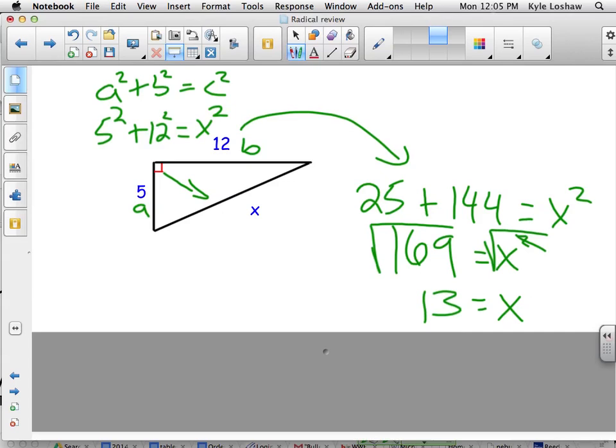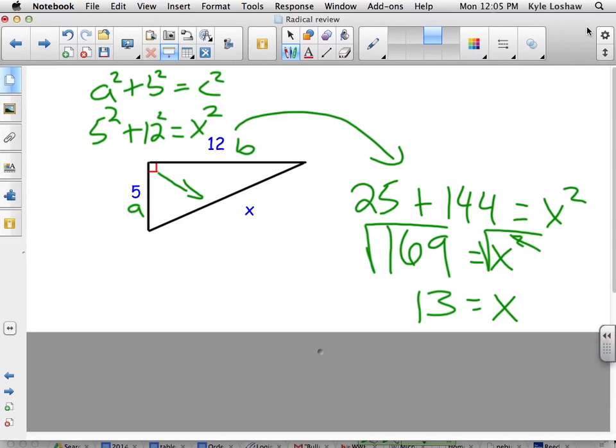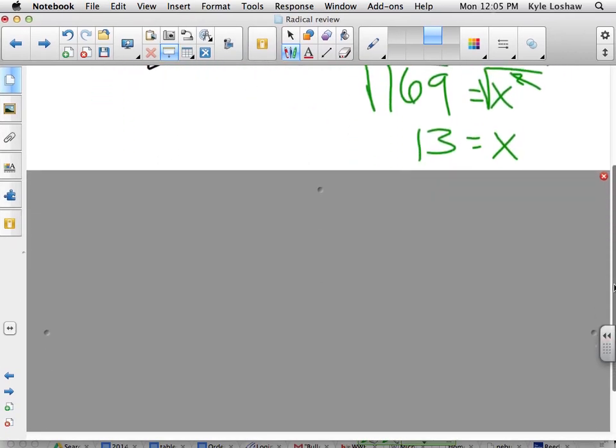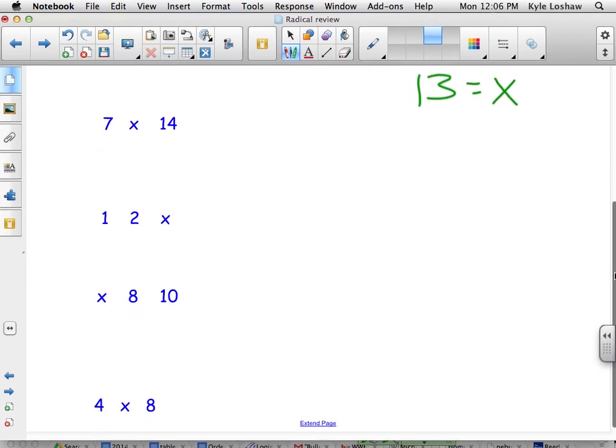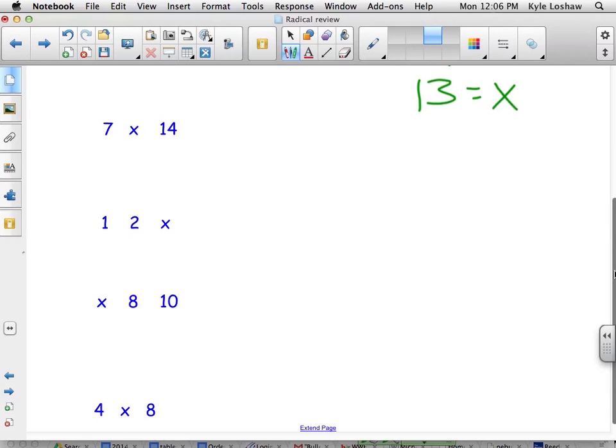So your short assignment off of this. I gave you some numbers here. These are columns. This is our A column, this is our B column, and this is our C column. So you are going to have 4 questions for your online quiz.